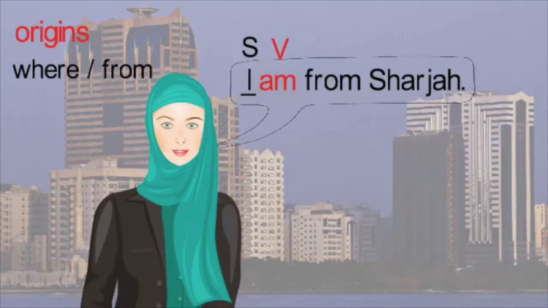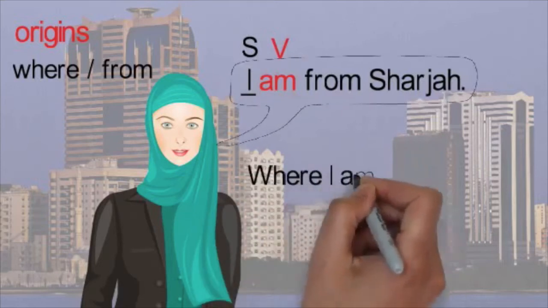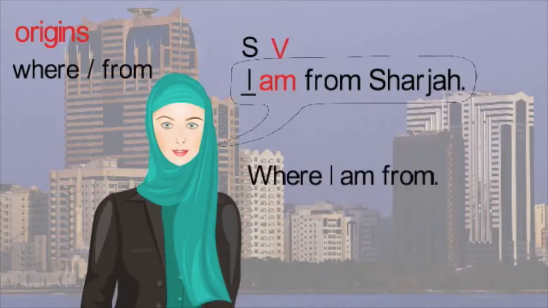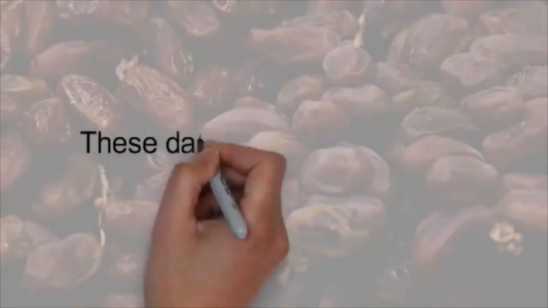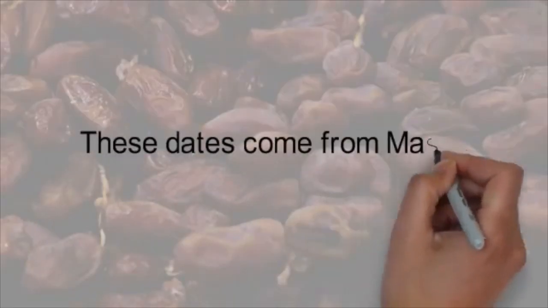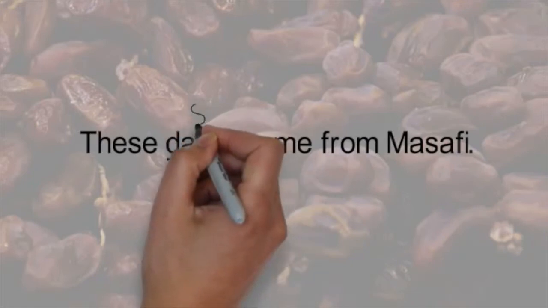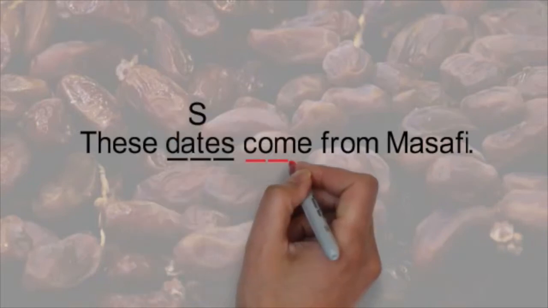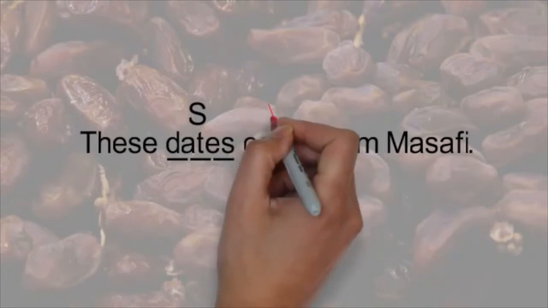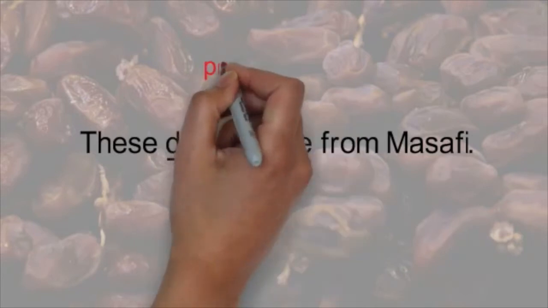This sentence tells where I am from. Another one. These dates come from Masafi. In this sentence, the subject is these dates, and the verb is come. Notice that the tense is still present simple.